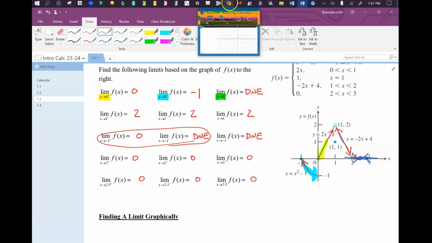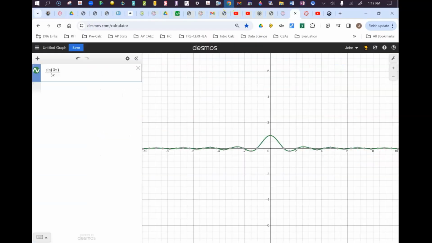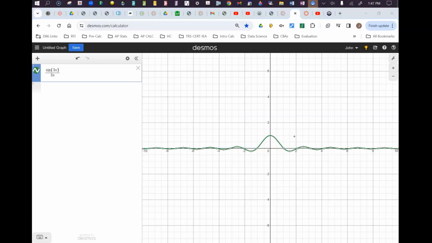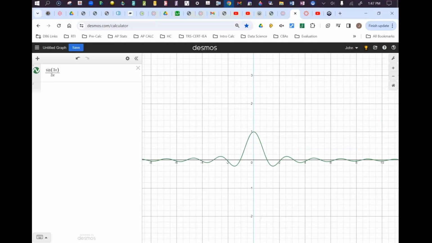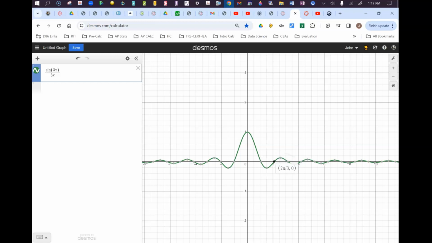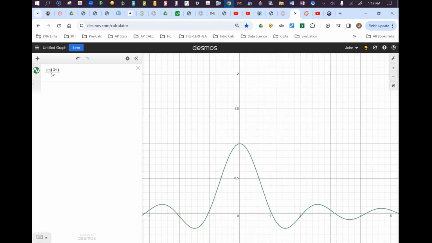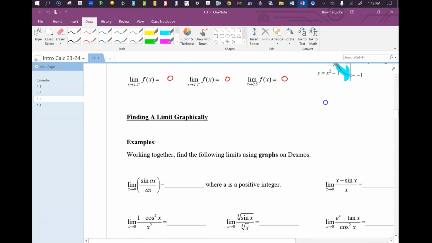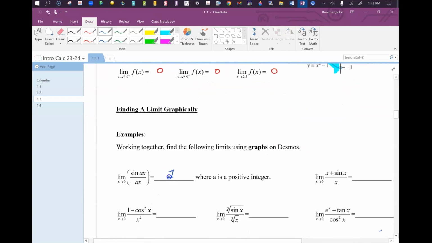So what I will show you here is I picked 3 for the value of a, and if I get a graph of that, I will see that as x approaches 0, y, or f of x, approaches 1 from the left and the right, so that limit is equal to 1. So let's go down and fill that in. This is equal to 1.